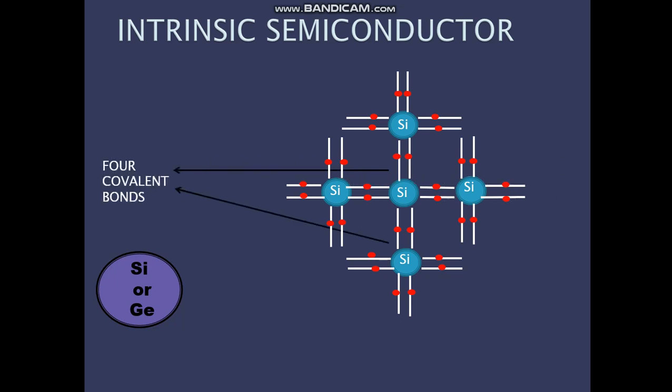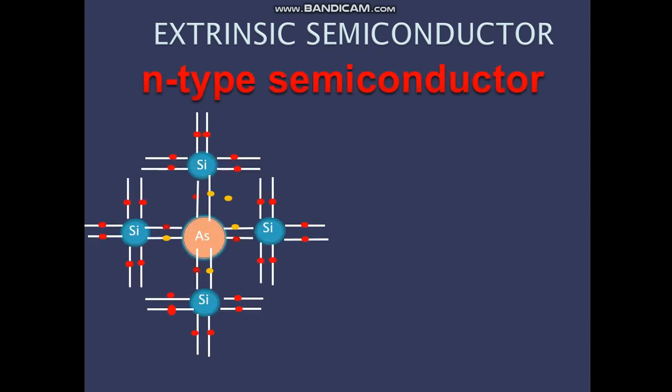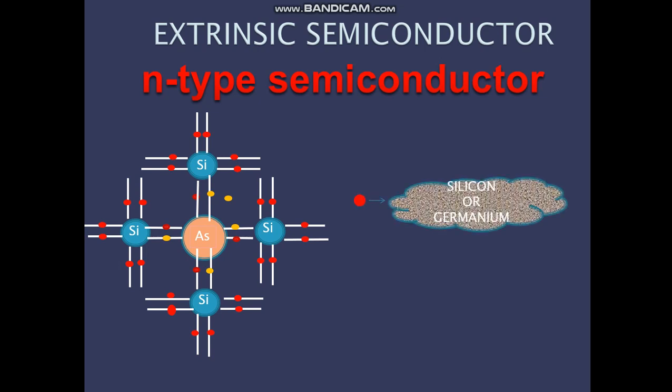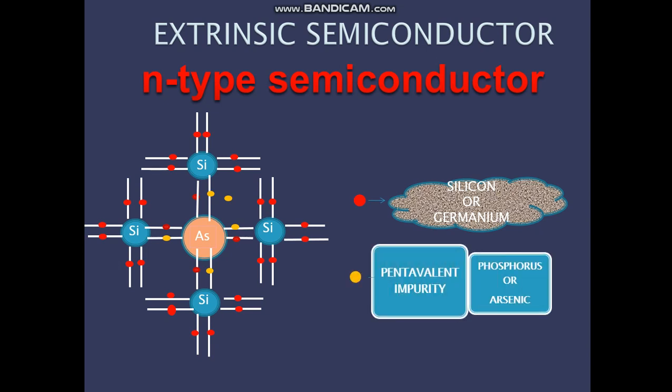Now let us see how to make this intrinsic semiconductor into an extrinsic semiconductor. We'll see the N-type first. Now let us take arsenic at the center. As we can see, the red ones are silicon or germanium electrons, and we have a pentavalent impurity because the valency of arsenic is 5.